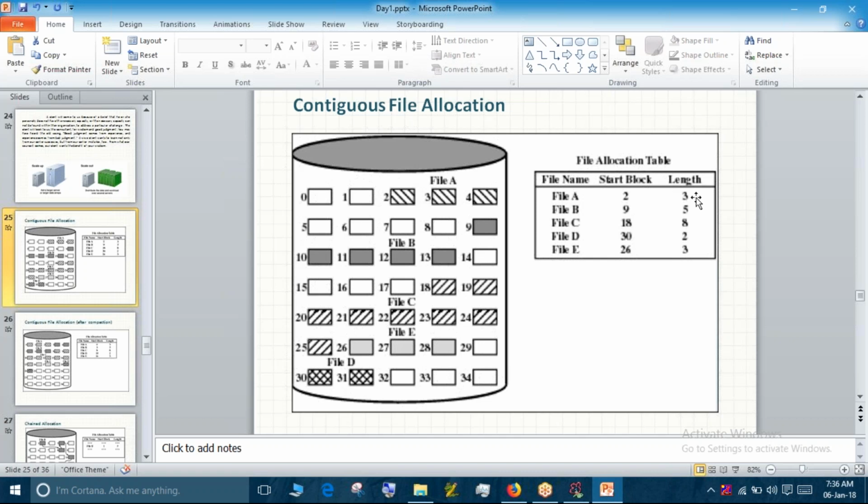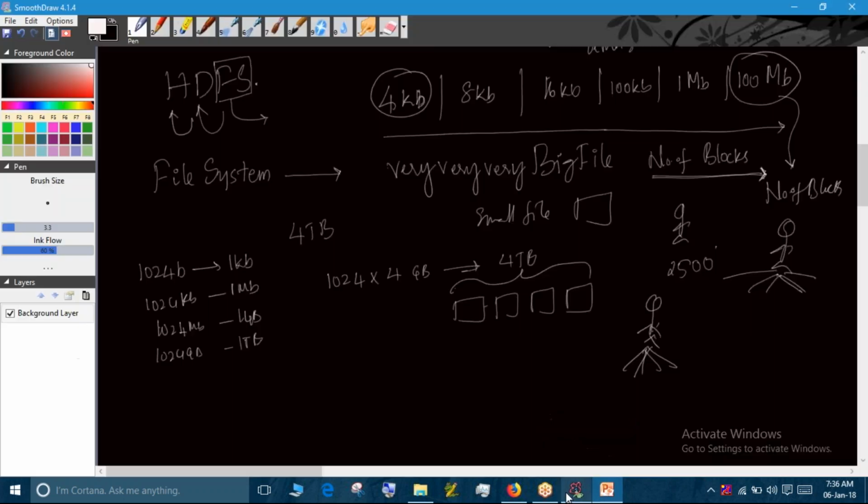Though your file A requires exactly 2.5 blocks. Imagine the block size here is 4 KB. I don't say that, but imagine the block size is 4 KB and my file A size is 10 KB.